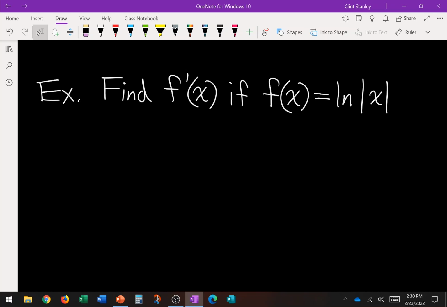We really got two cases. We can think about this function as a piecewise function.